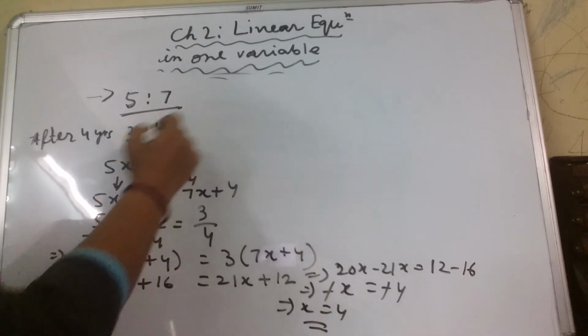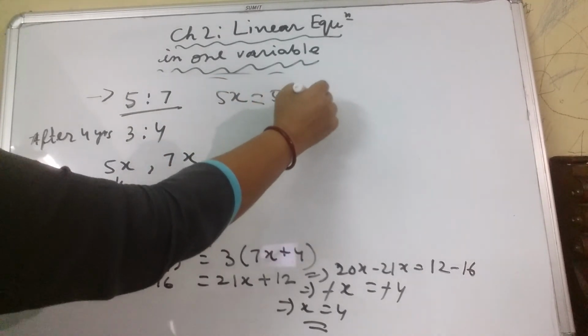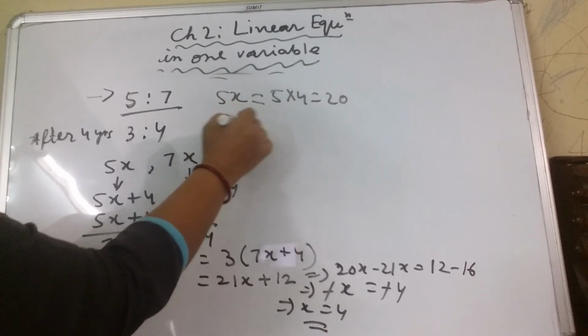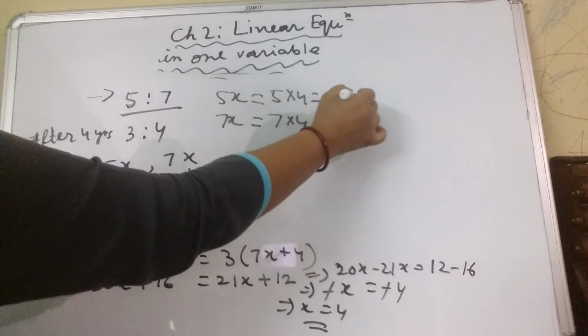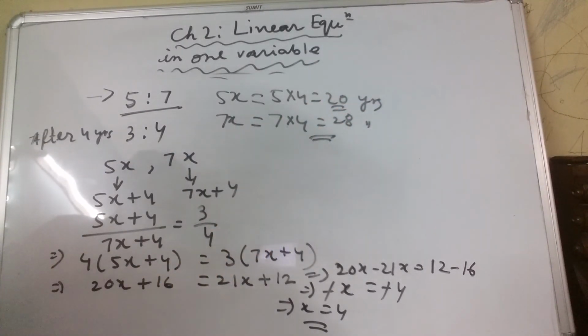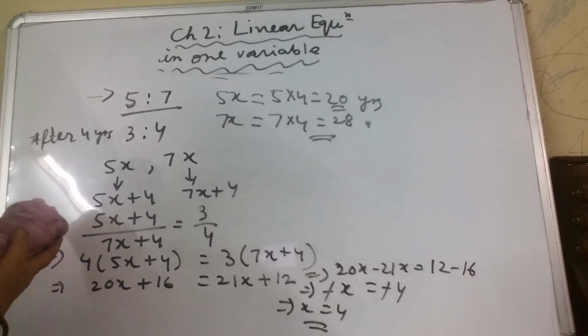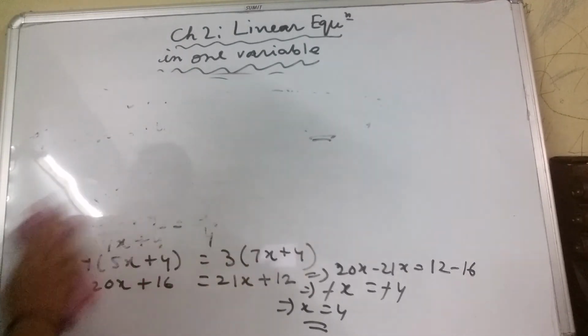So their present ages will be 5x, that is 5 into 4 is 20, and 7x is 7 into 4 equals 28 years. Okay, this way you can use your knowledge to form different equations and find their solutions.